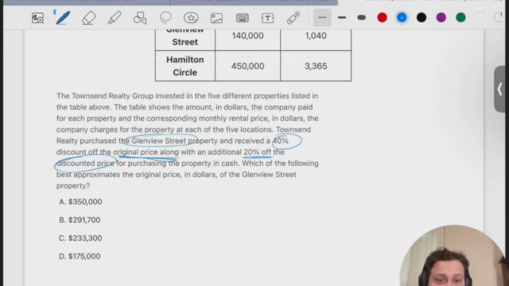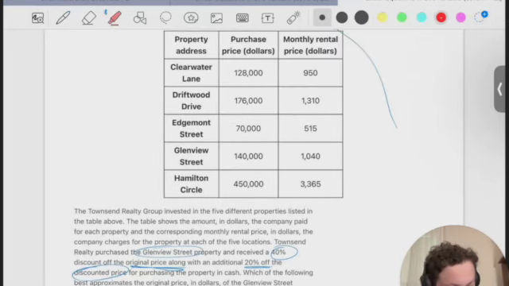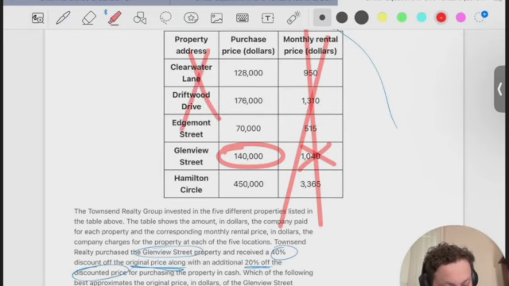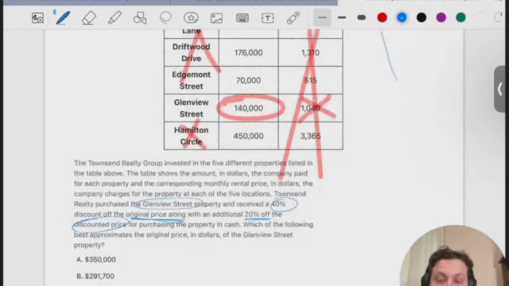All right. A lot of this stuff is superfluous. Don't care about any of the properties other than Glenview. All right. So there's a 40% discount off the original price. So 140K times 60%.